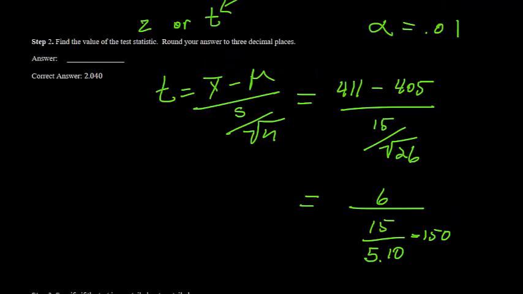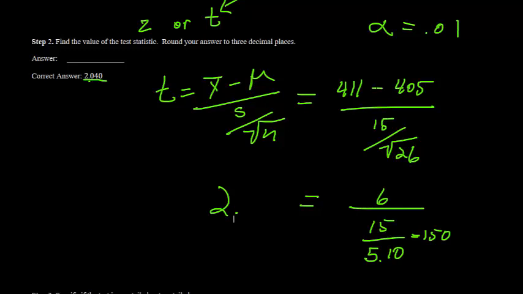That's not right. Okay, so I went back and worked this problem a couple of different times, and I'm going to go with the fact that this is a typo.